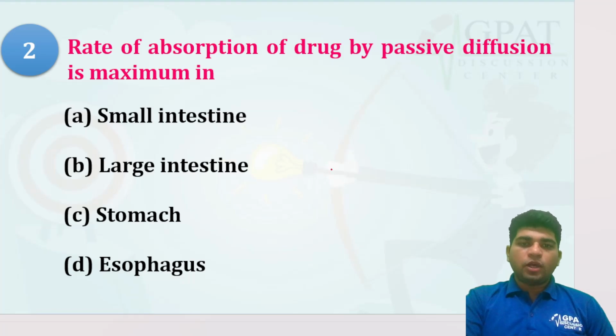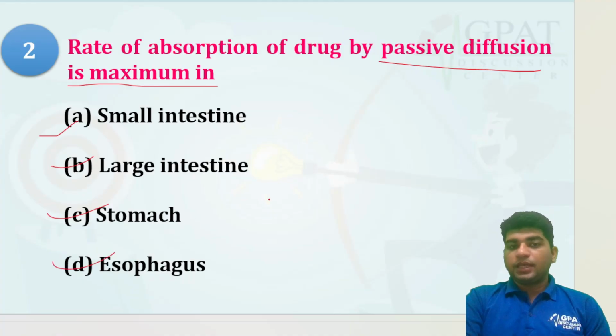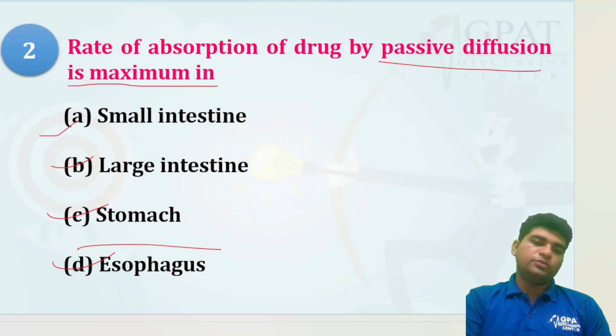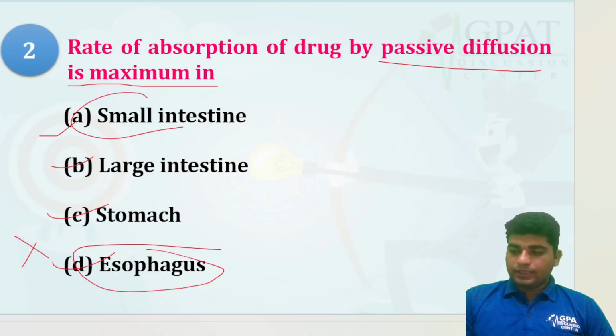So the rate of absorption of drug by passive diffusion is maximum in: is it small intestine, large intestine, stomach, or esophagus? See, there is really no absorption in the esophagus. Small intestine? Yes.